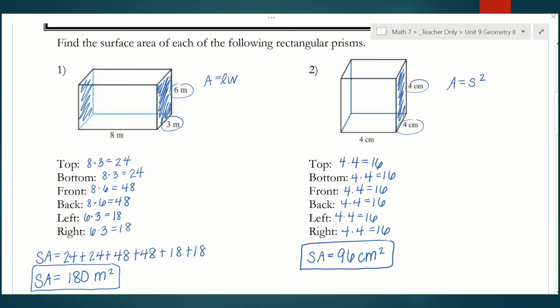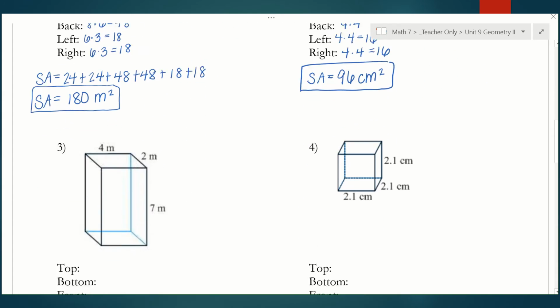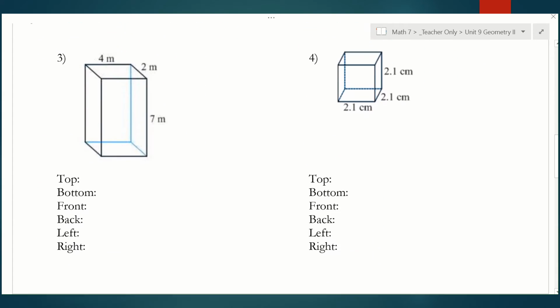All right, let's go back and do another rectangular prism, so example 3. We're going to start with the top. Remember, we're using length times width because in a rectangular prism, all of the faces are rectangles. So here's my top. The length and the width are right here, 4 times 2.